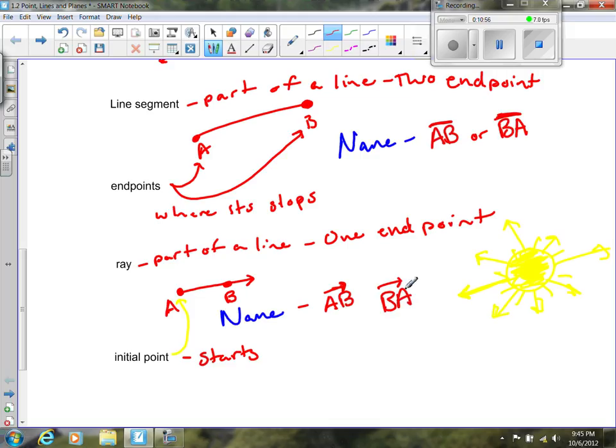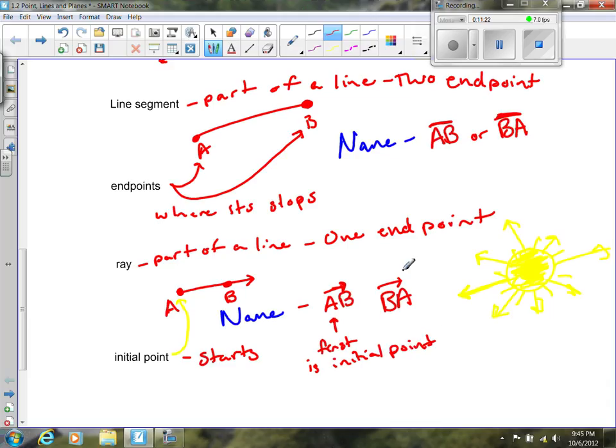Okay, and what we do is the initial point is where it starts, and when we list a ray, because it matters where we start the ray, if we start at A or B, the first letter is the initial point when we name it.